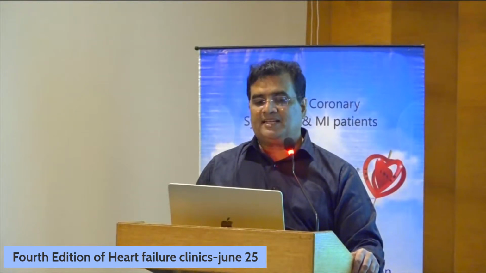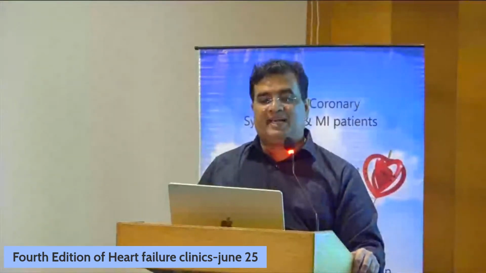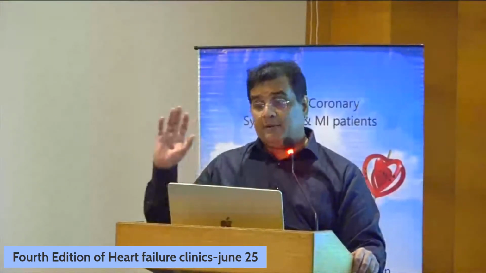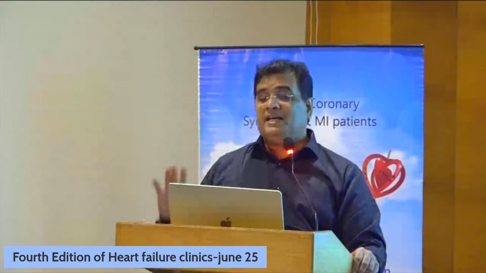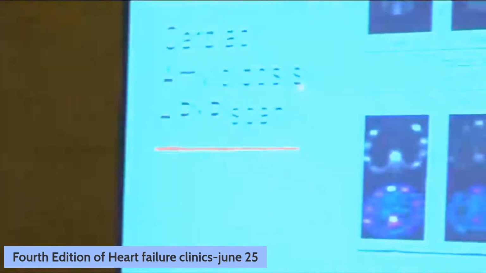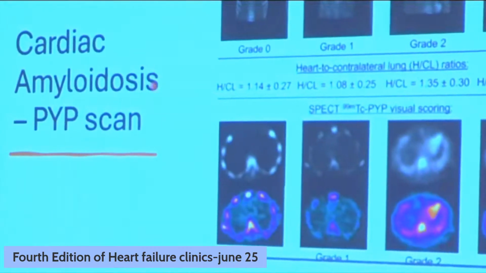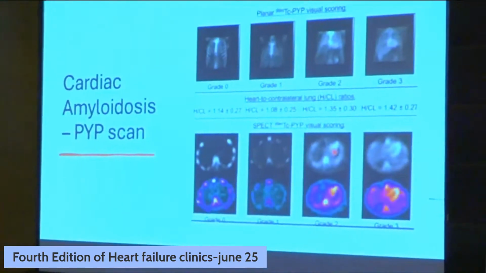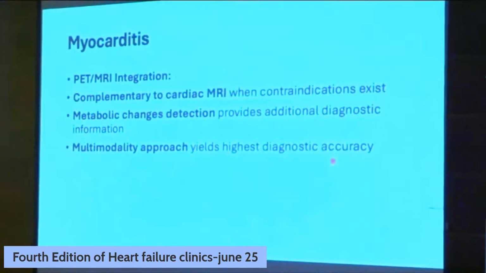So there is an intense myocardial uptake on the PYP scan, so cardiac amyloidosis. Cardiac amyloidosis is a very common problem, especially in elderly people. So in any elderly patient with heart failure with preserved ejection fraction, we should suspect cardiac amyloid and do a PYP scan to diagnose it, which is also quite common.